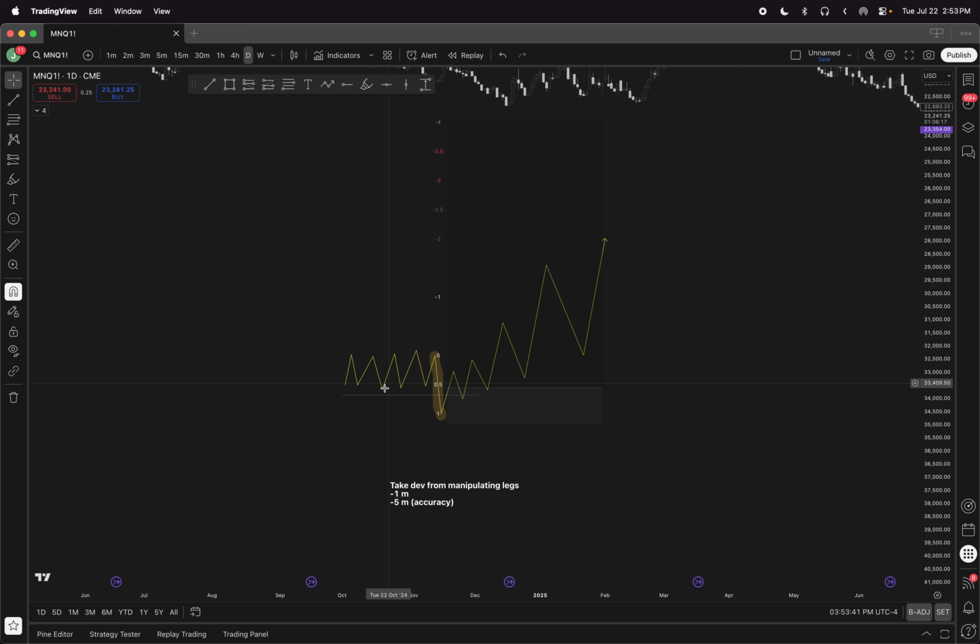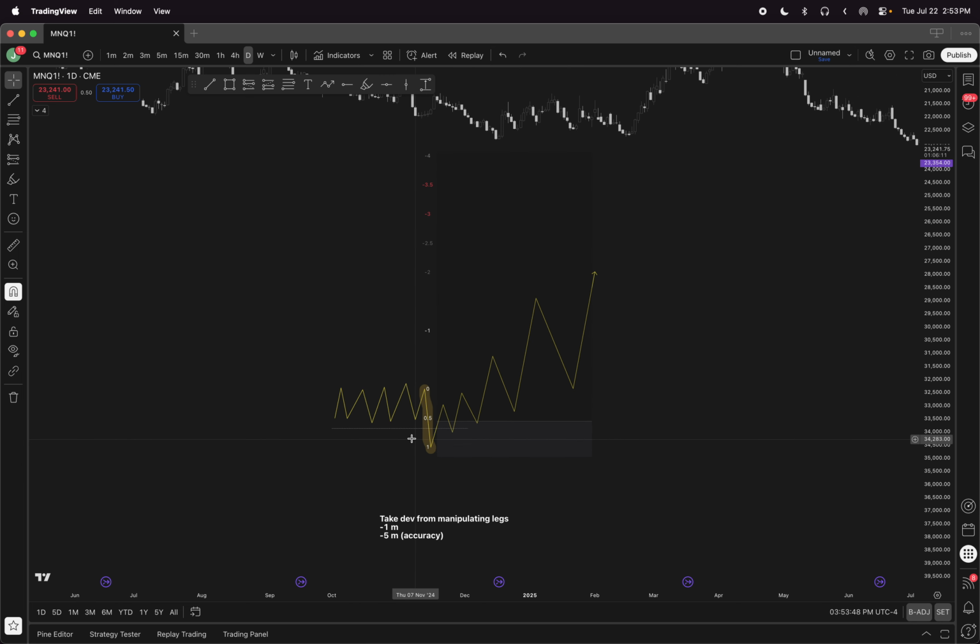So here we have consolidation. We take out stops here and manipulate down, and we end up taking liquidity or tapping into an imbalance, PD array, or anything of that sort. Tap into it, then we get our inverse fair value gap or CISD, and then we aim for our standard deviations. And usually with these standard deviations, you really want to look out for the -2 and the -2.5 for a retracement zone or a top tick.